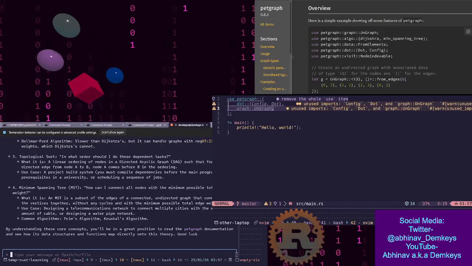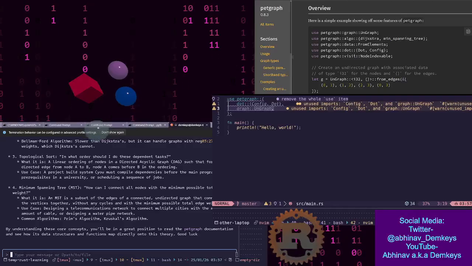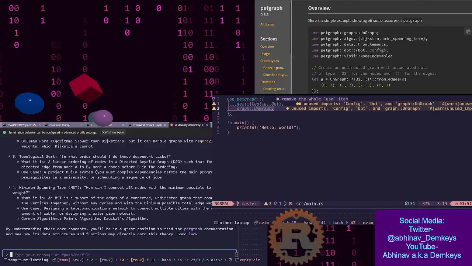Use case, a project build system. You must compile dependencies before the main program.